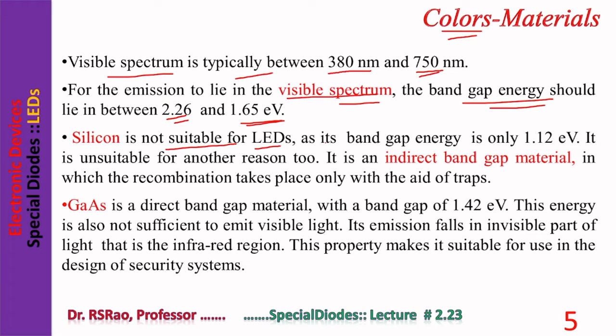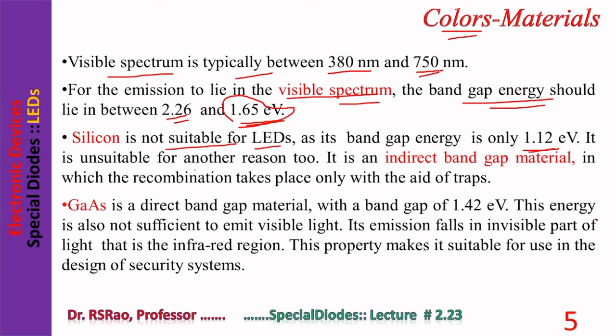It is already mentioned, as its band gap energy is only 1.12 electron volts. The minimum band gap energy that is required to emit light is 1.64 electron volts, but silicon's gap energy is 1.12 electron volts. So it is not suitable.